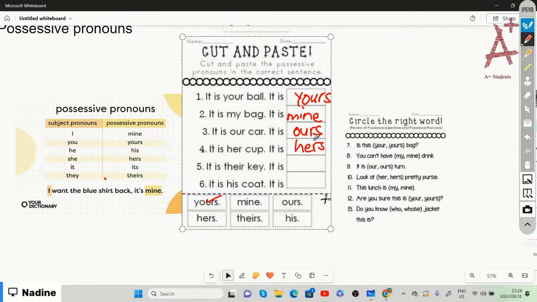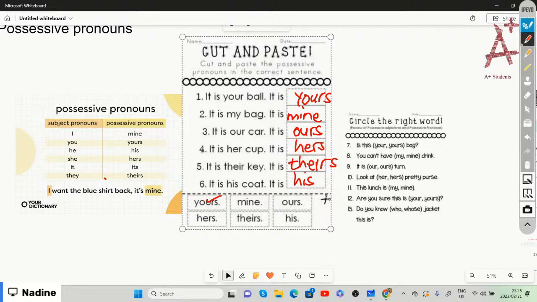Then, it is their key. If it is their key, then we can say it is theirs. And lastly, it is his coat. If it is his coat, then we can say it is his.